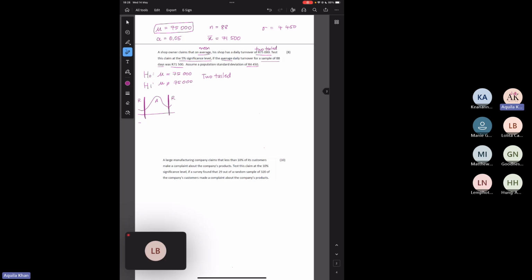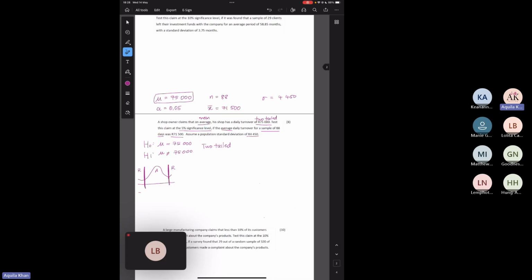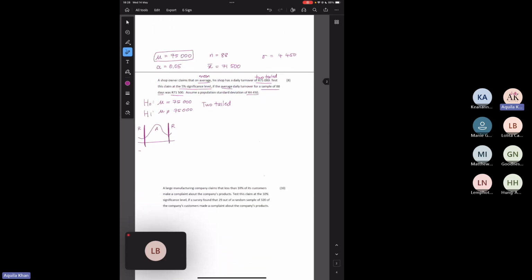All we need, since we know that we're working with this table, is to know what your level of significance is, and we need to know what type of test it is. So we know that it's a two-tailed test. We wrote that already on the screen. And we also know what your level of significance is, which was here at the top, 0.05. So all we're doing then is taking that to our table.